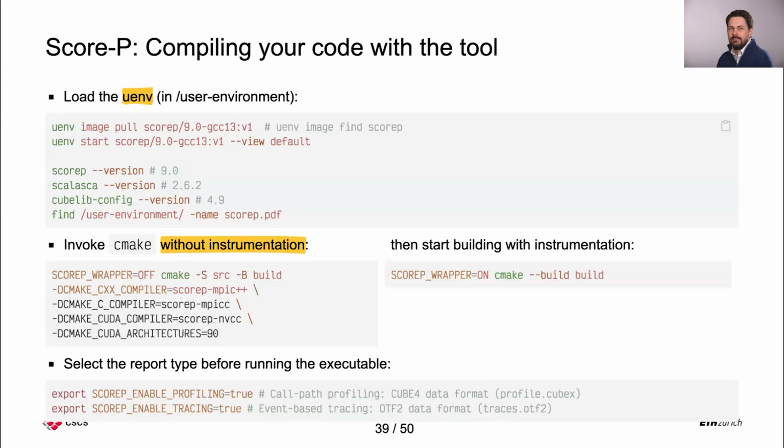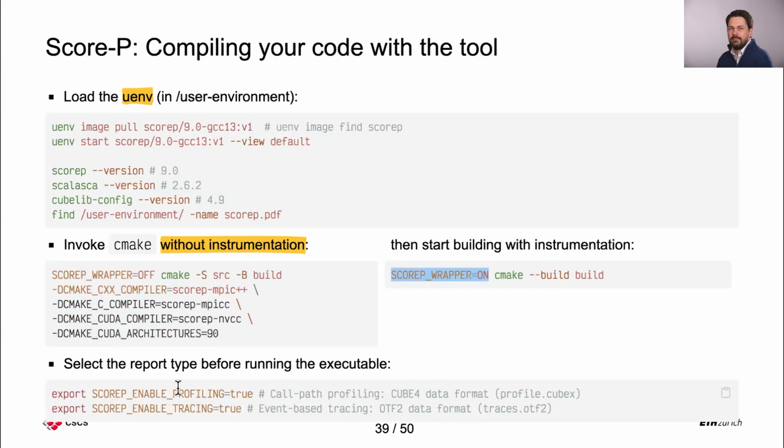In that case, there is a trick. If you need to compile your code with CMake, it's a 2-step process. You just deactivate Score-P, do your normal configuration step, and then you activate Score-P and build your executable. So you need to rebuild your code.